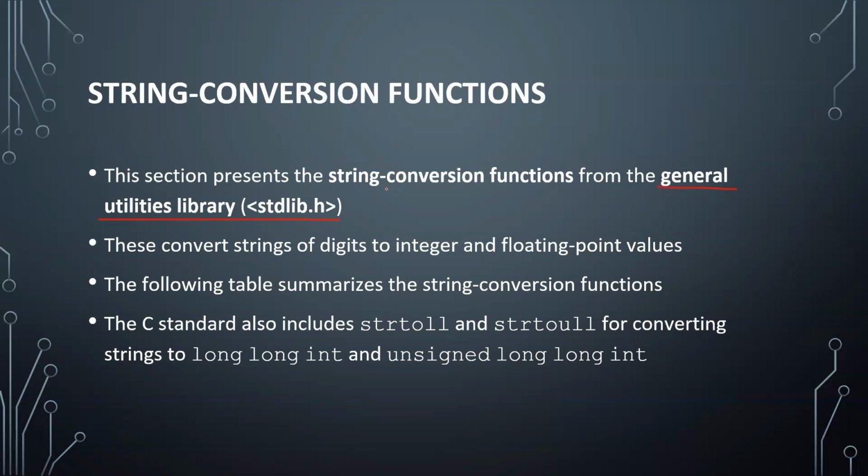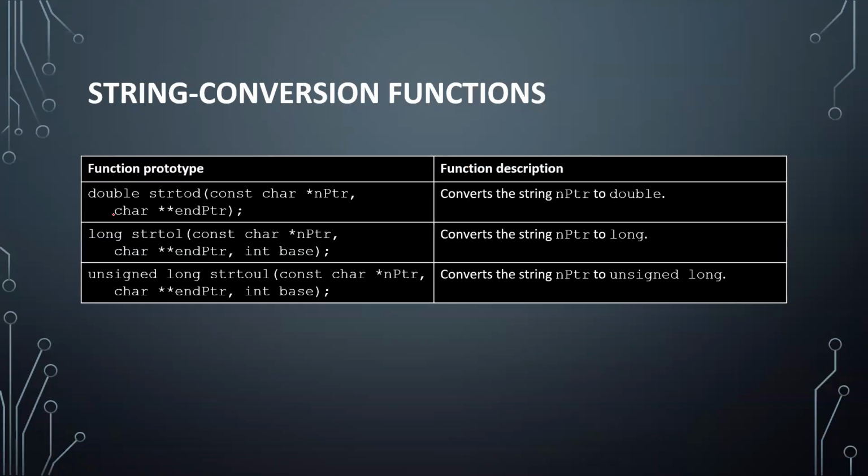Let's look at the next table that has a bunch of different functions that we can use. Here we've got something that is a string to a double, strtod. It converts the string end pointer to a double. The end pointer here is what is sent, and it converts that string to a double.